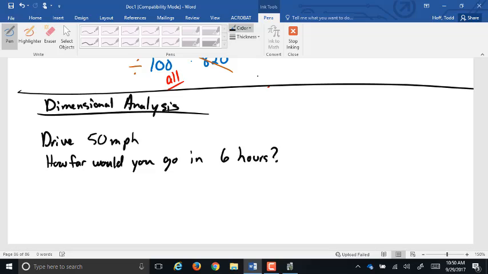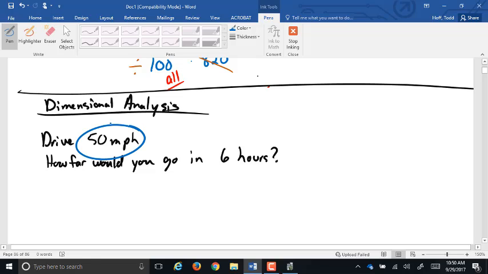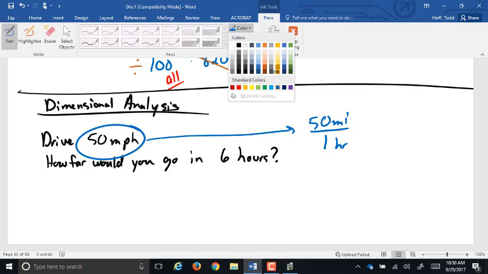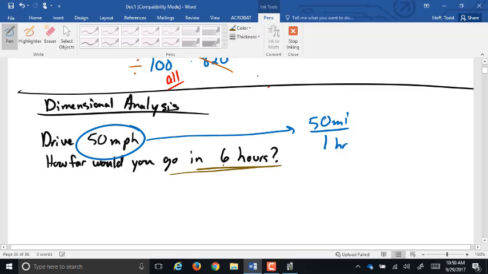Well, most of us know how to calculate this, but we can use the dimensions to help us. 50 miles per hour, we were saying with our rates and ratios, has to be thought of as 50 miles over 1 hour. 6 hours, I'm going to make that into a fraction. 6 hours over 1. Now, you might be thinking, how can it be simpler by making it into a fraction?